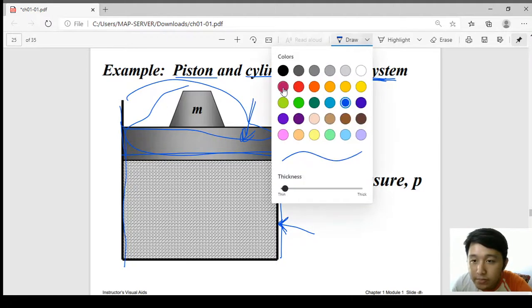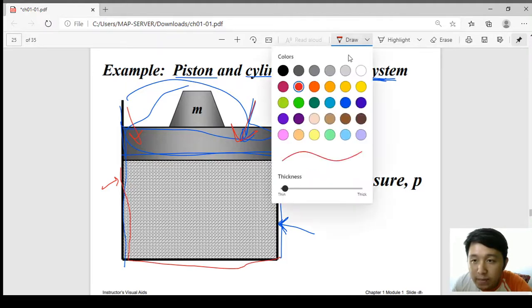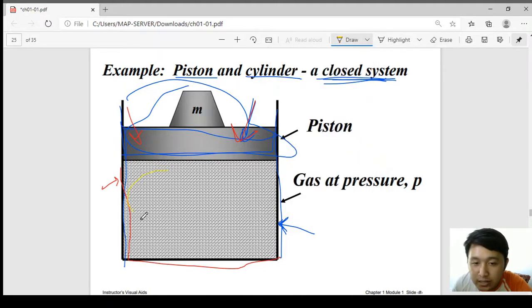Wait, this is the boundary. And then, what is our system? Our system is the gas itself around here, the system inside the piston. As we can see, the gas has no way out, so the mass of the gas inside the piston is constant.